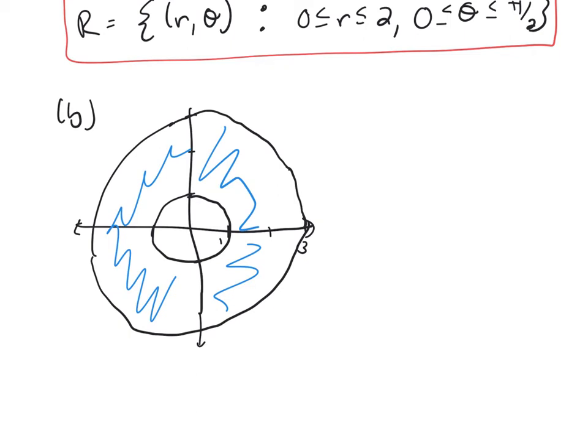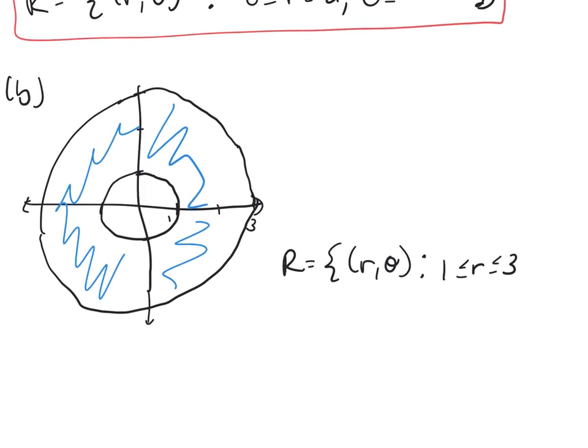Again, we want to describe this region using polar coordinates. So R is represented by points r theta. The smallest r can be is 1, because you're missing that inner circle, and the largest r can be is 3.